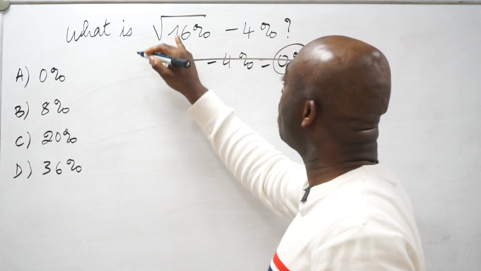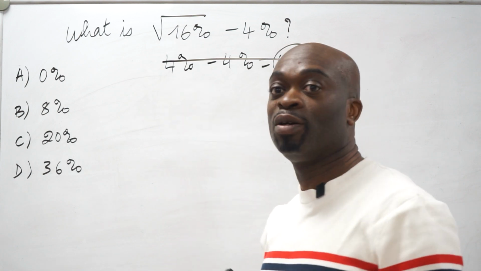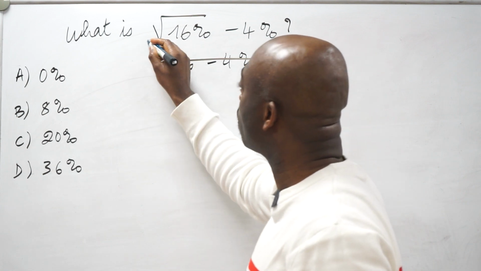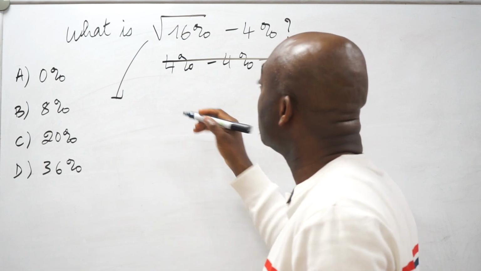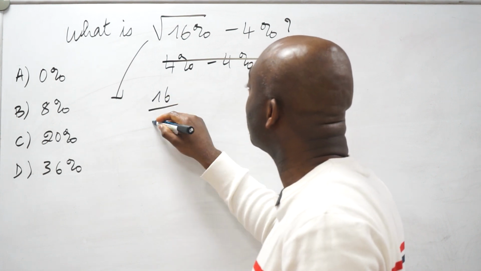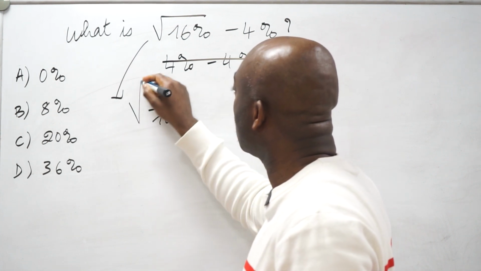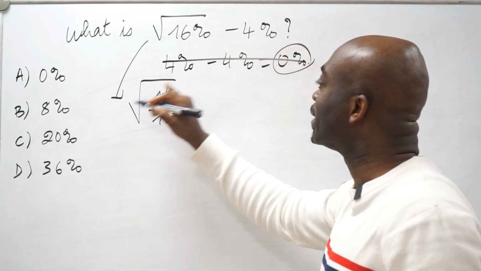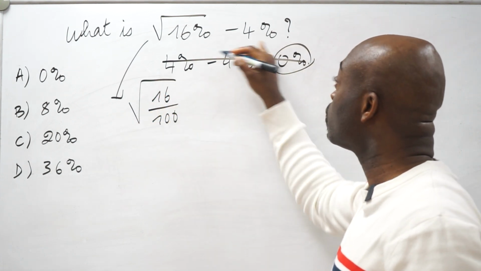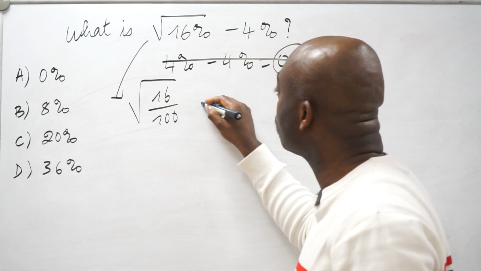So now let's go back. We have 16%, which we can take as what? 16% is the same thing as 16 over 100 on the square root. We're going to only take care of this one first, and after we finish, we subtract 4%. So what does that mean?